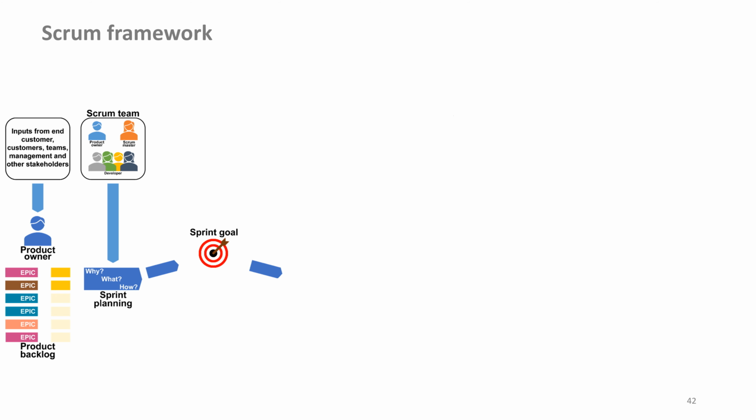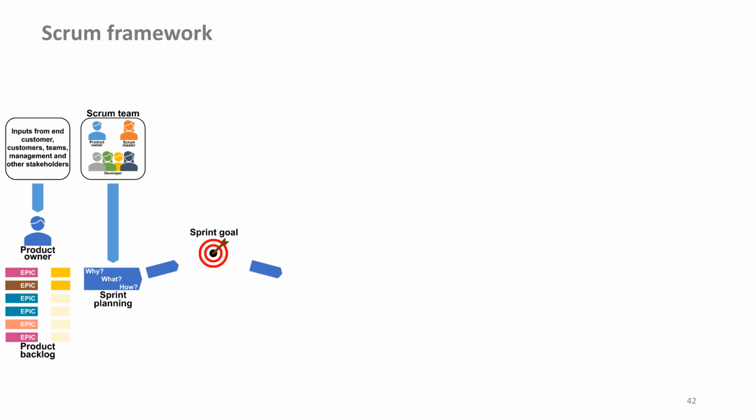Neither the product owner, a manager, nor a stakeholder tells the team what it has to implement, but the team says how long it needs to complete the task from top to bottom in a sprint.